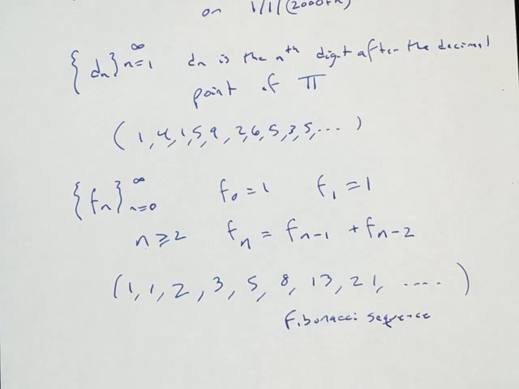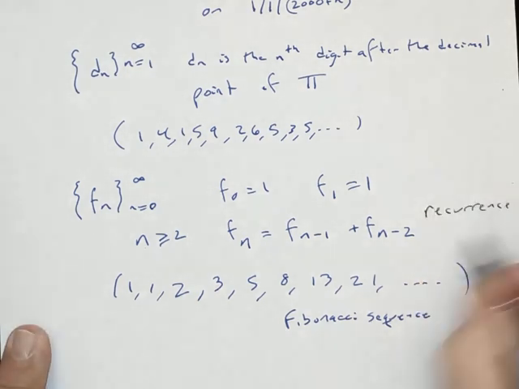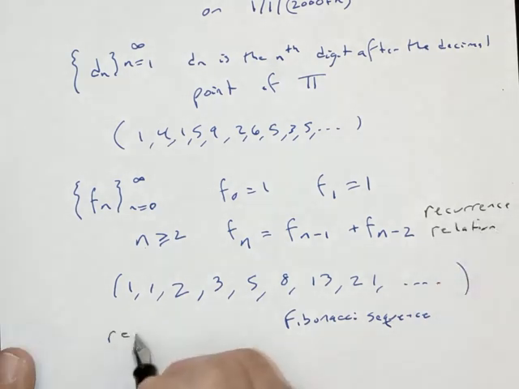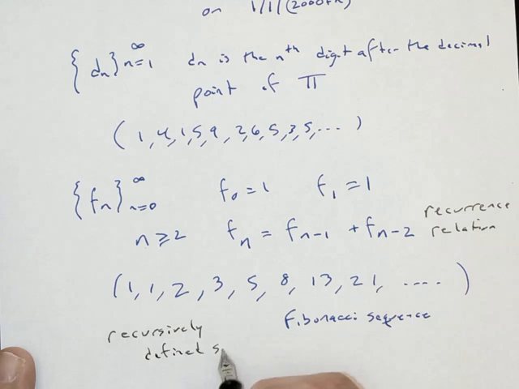Again, it would be really nice if there was a closed form for this. But because there isn't, this is called a recurrence relation, or a recursively defined sequence.